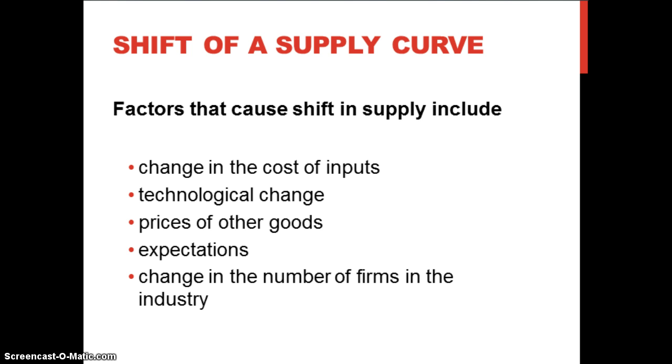Also, if new technology is innovated for production of cars, suppliers can produce more cars at the same price, and if that is the case, the supply curve shifts rightward.